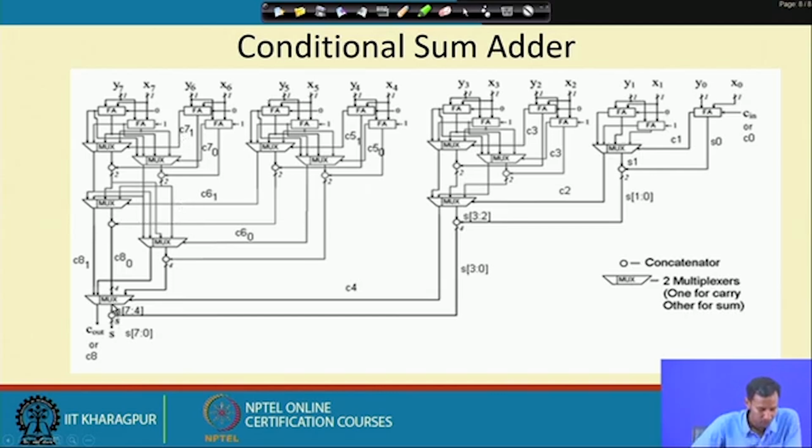We will take the final output, which is these 4 bits, considering x4 to x7, so I will get 4 sum bits here and this carry bit of 1 here.